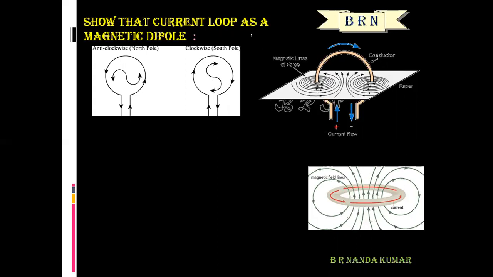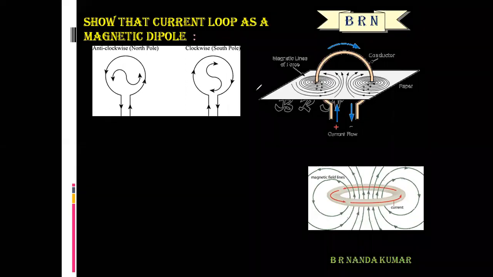Let us take a bar magnet. The north pole of the bar magnet is moving towards this face. The north pole of the bar magnet will experience an attractive force. That clearly shows the face of this loop behaves like a south pole.